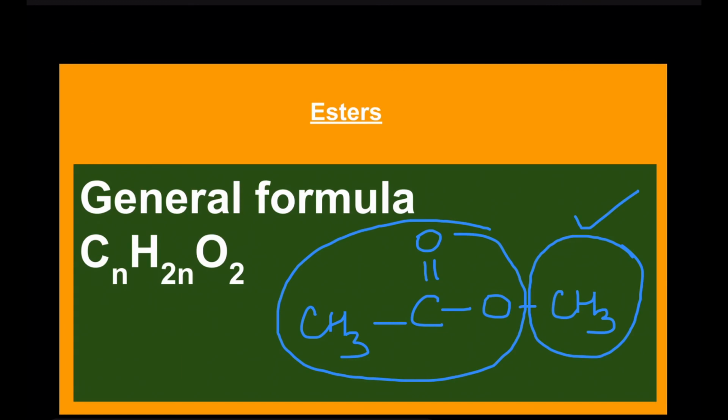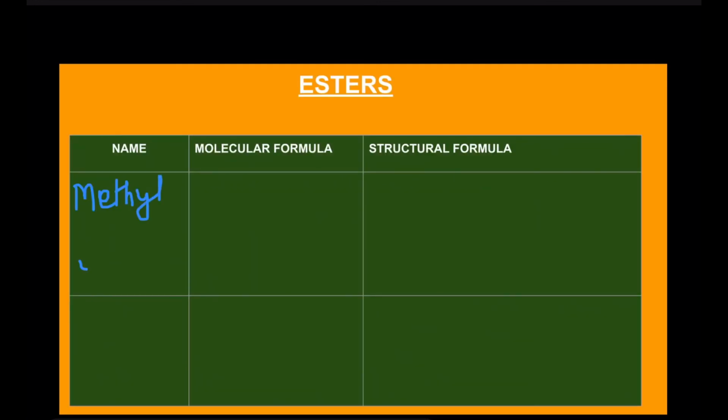Methyl ethanoate. This part which is bonded to oxygen is written as prefix, while this part in which there is the COO group is written as suffix. So the name of this ester is methyl ethanoate. Let's revise it once again. Methyl, the prefix, tells us that part of the ester which is bonded to oxygen.